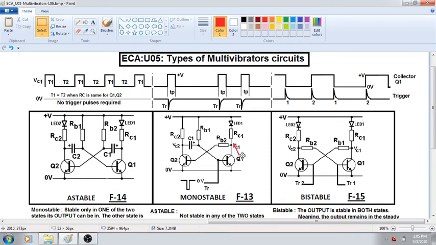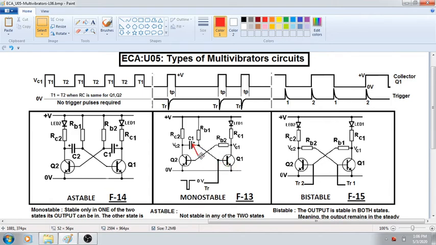How long will it be high? We have seen here that this RB1 and C1 combination is charging through this path. While it is charging, this voltage will slowly rise from VB at minus V to 0.7. So once it reaches 0.7, the collector will become 0, because the transistor will go into saturation.